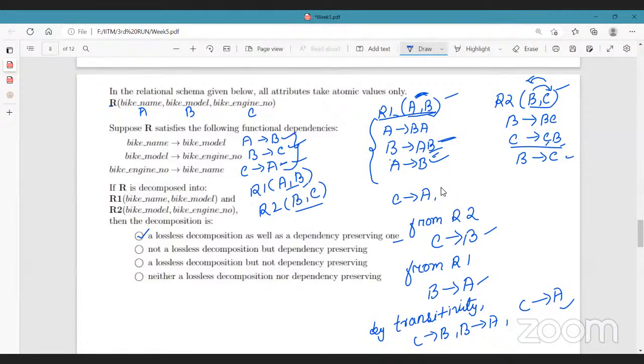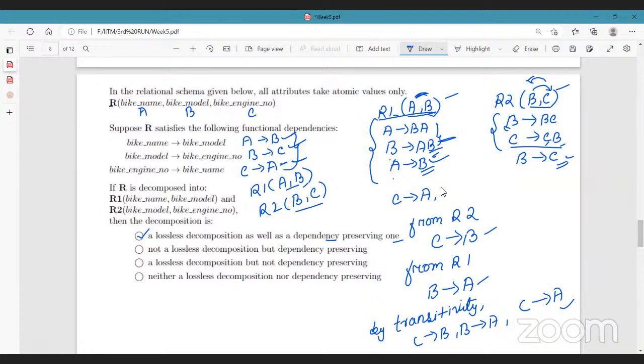Ma'am, there must be a lot of possible combinations. In that case also, we have to do the same thing. Ultimately we are getting the functional dependency sets that are present in the original functional dependency set. That is the main criterion a decomposition must fulfill to be dependency preserving.